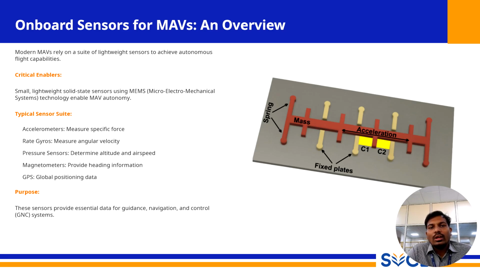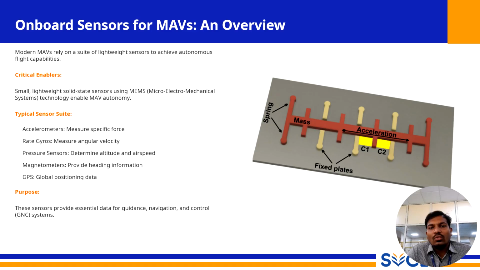The critical enabler behind this revolution is small, lightweight, solid-state sensors using MEMS, microelectromechanical systems technologies. MEMS are incredibly small devices that combine mechanical and electrical components on a single silicon chip, much like a computer processor.